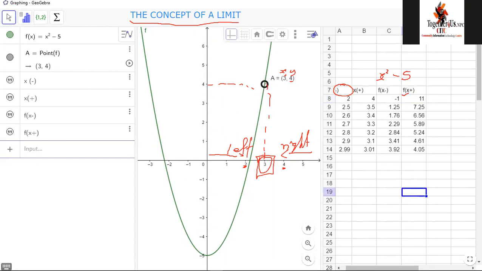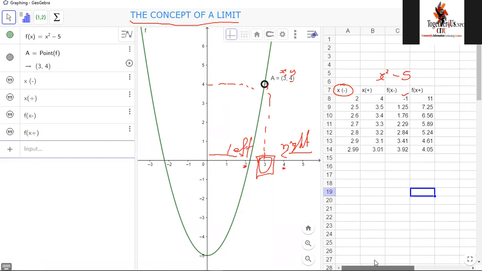Then, of course, the next thing we are going to do is see what that value is that is being approached. From the left, these are the different values that I have punched in, up to 2.99, which is very close to 3. As a matter of fact, when I put 2.999, Excel just rounded it off to 3.